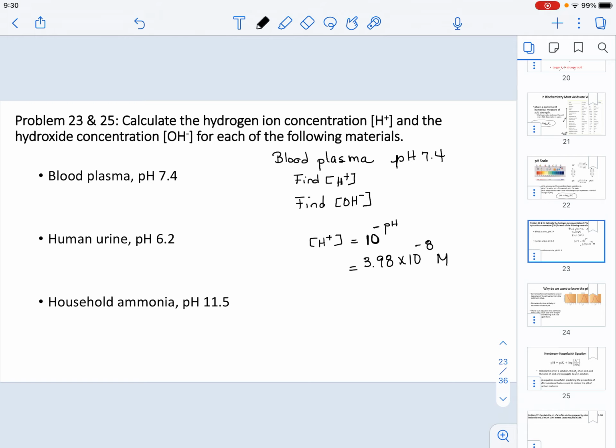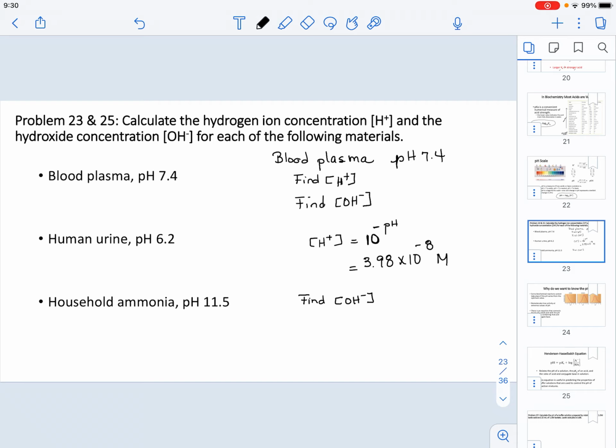Now, at this pH, when we are trying to find the concentration of OH minus, there are different ways that we could do this. For finding the concentration of OH, you could do the following technique.